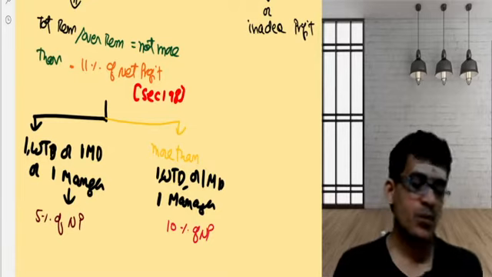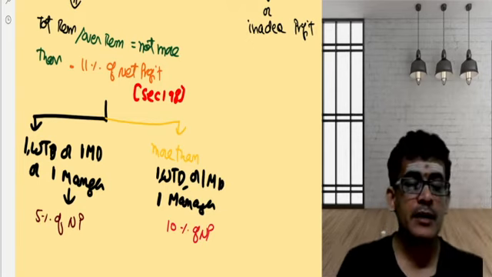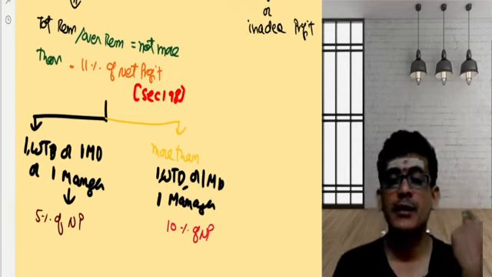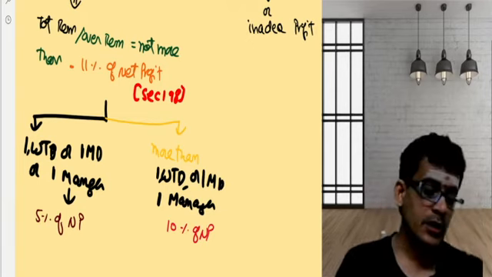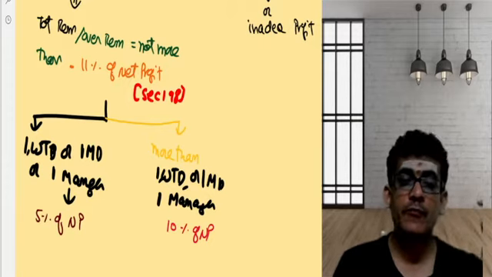That means you are having one whole-time director, one manager, one managing director, and another whole-time director. In that case, the total remuneration payable should not be more than 10% of the net profits.